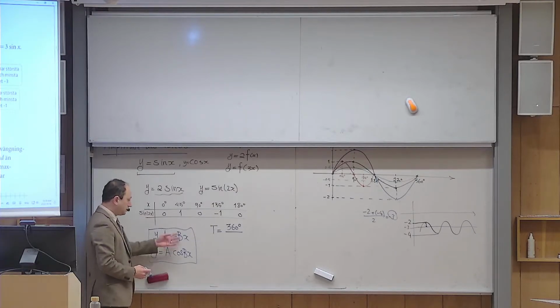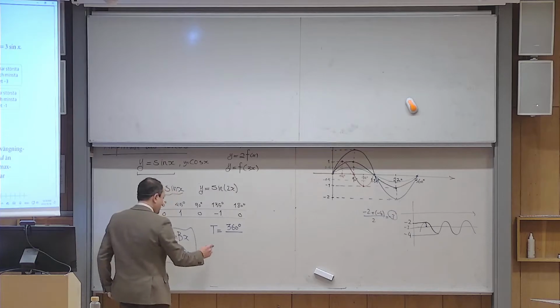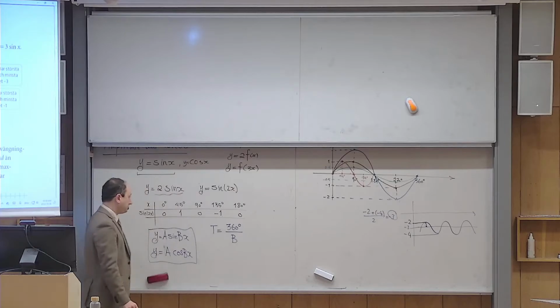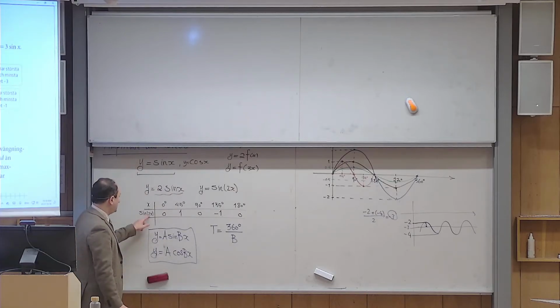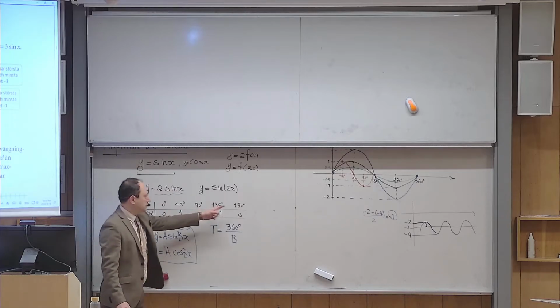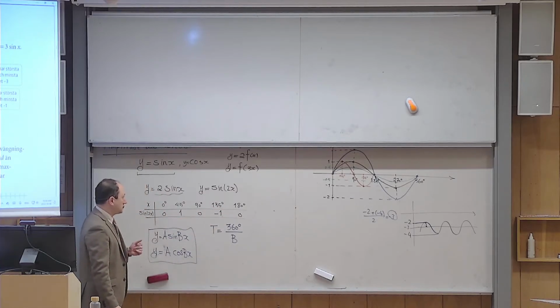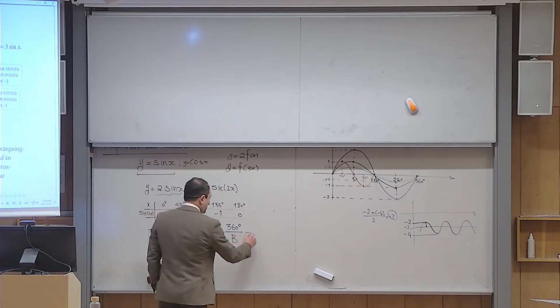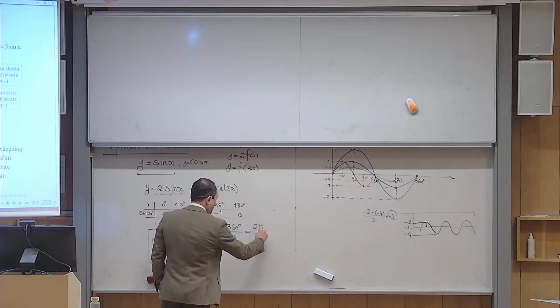But the period of both of them is actually this divided by b. I just gave you one example here. When I had 2, the period was 180 rather than 360 degrees. So I have divided by 2. But now if this is in general b, that is also given in the formula sheet, and this is expressed in degrees. Sometimes they ask you to express in radians, and this is another formula in radians.